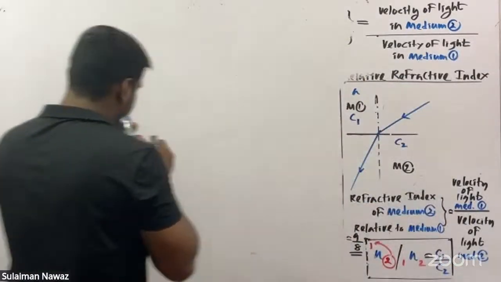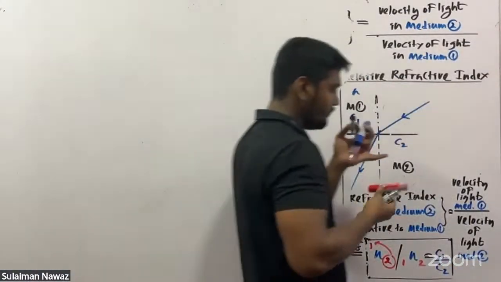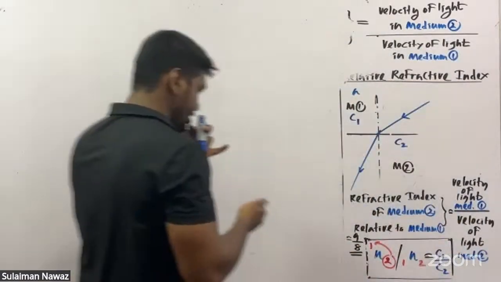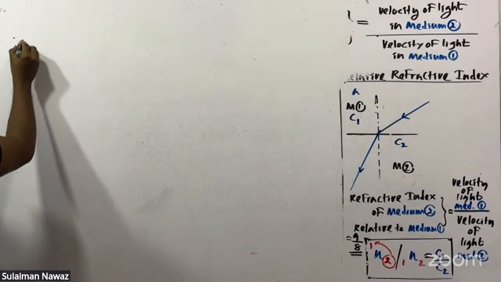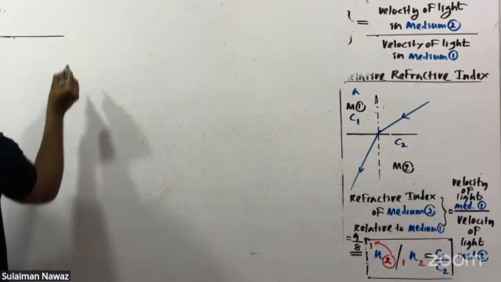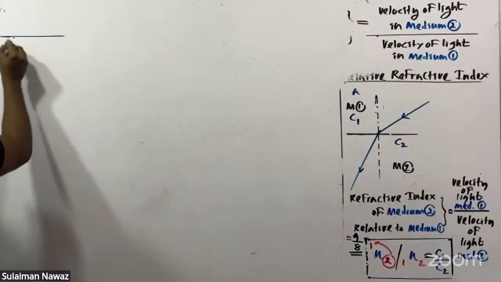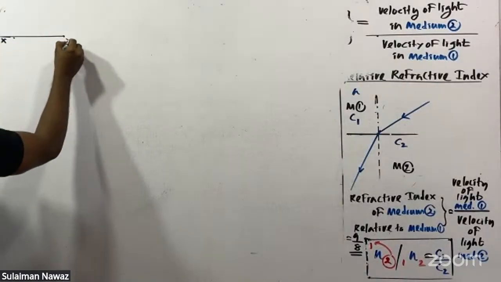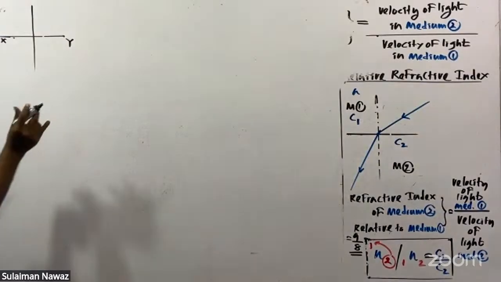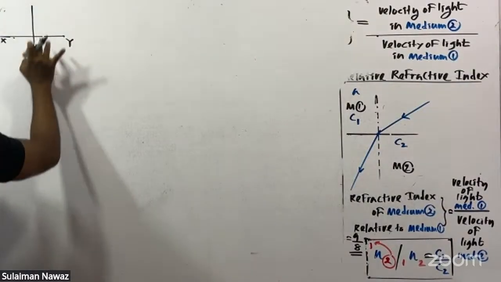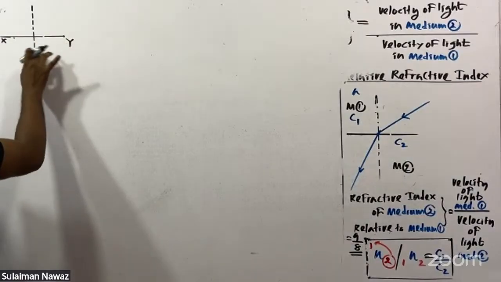Okay, Snell's law story. So that means during refraction, let's say medium one and medium two. This is my common interface XY. This is my normal. So I draw an incident ray.